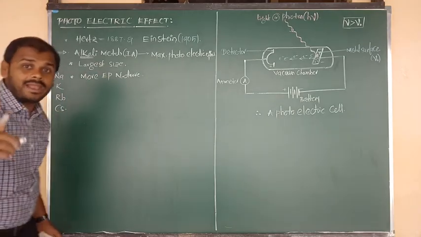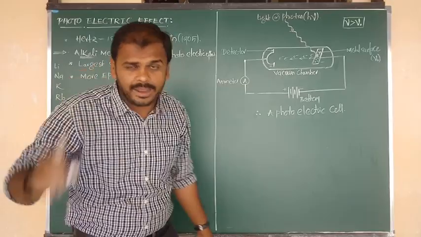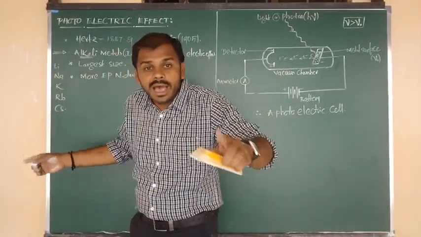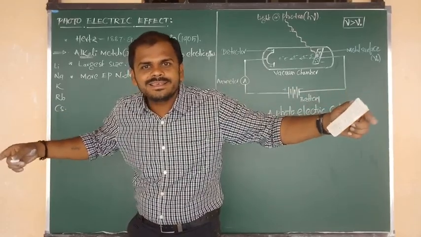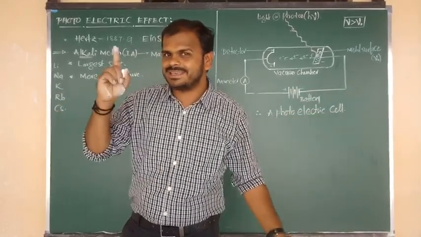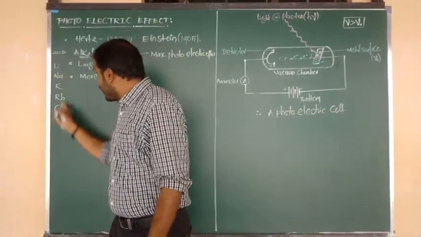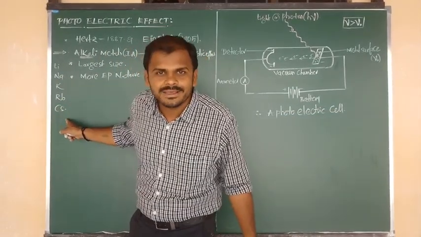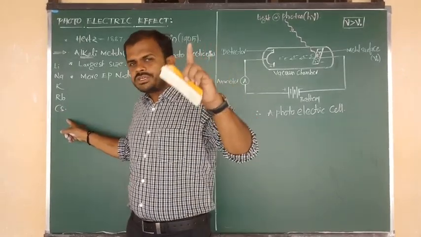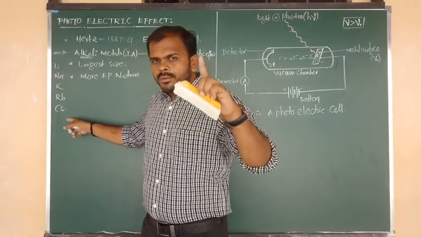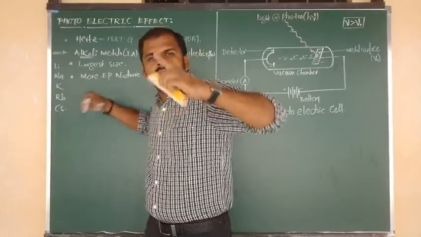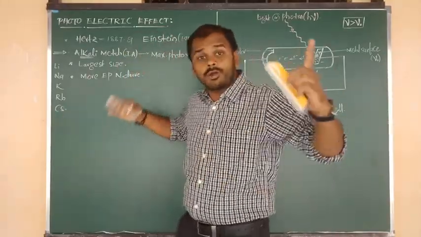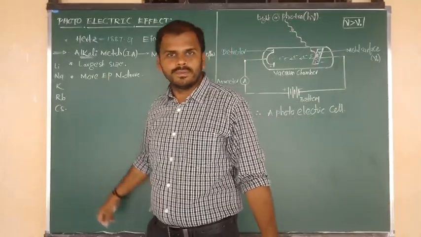But you know very well, in the 10th class we studied clearly that from top to bottom in every group, atomic size or atomic radius increases. That means from top to bottom atomic size increases, so the one with the largest size is cesium. In the entire periodic table, the atom with the highest atomic size is cesium, and the atom with the most electropositive nature is cesium.